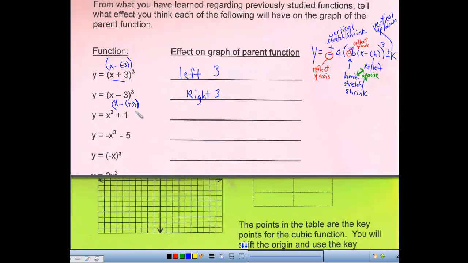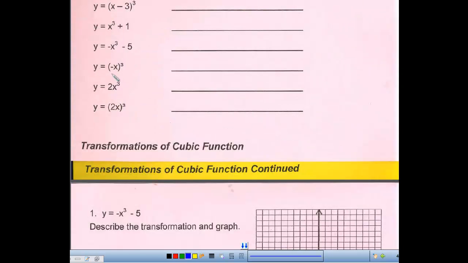X cubed plus 1 is vertical movement up 1 unit. Negative x cubed minus 5 is an x-axis reflection, and it's down 5 units. For negative x cubed, this negative sign is inside the parentheses, so this is a y-axis reflection. 2 is outside of the parentheses, so this is a vertical stretch by 2.